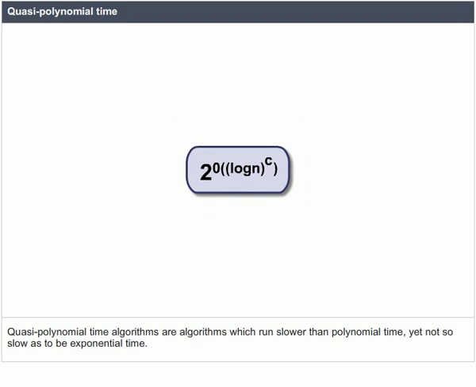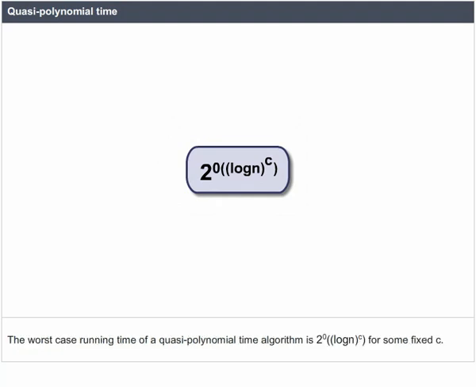Quasi-polynomial time. Quasi-polynomial time algorithms are algorithms which run slower than polynomial time, yet not so slow as to be exponential time. The worst case running time of a quasi-polynomial time algorithm is 2 to the power of O((log n)^c) for some fixed c.